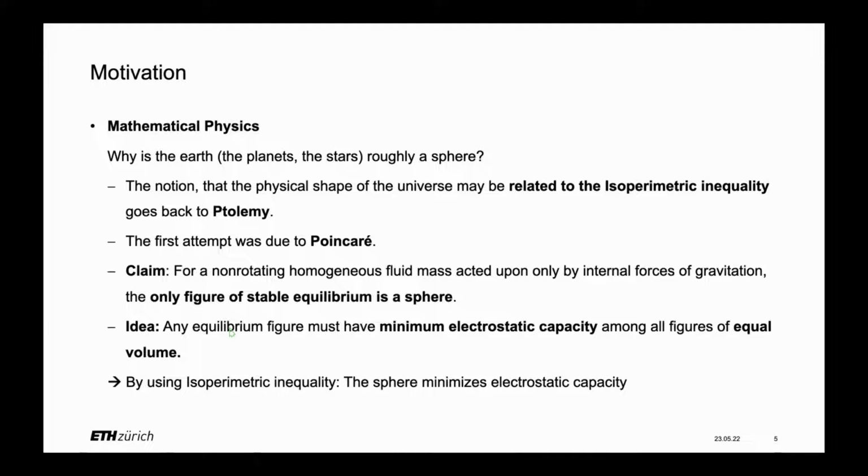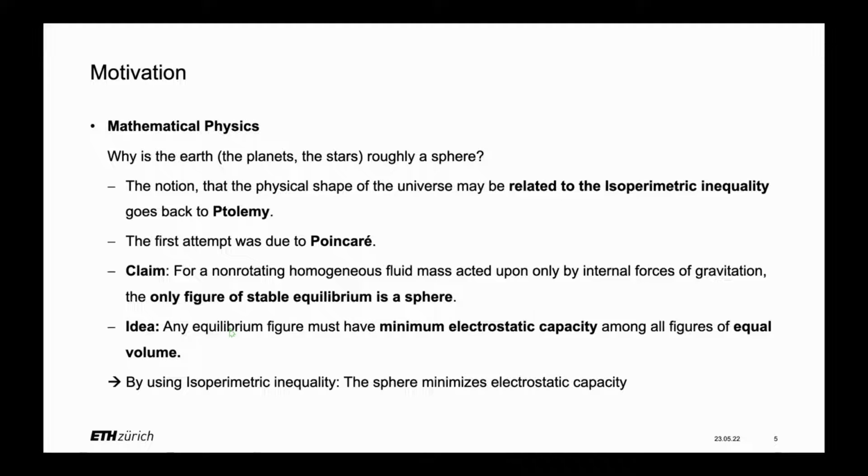In mathematical physics, a really fundamental question is, why are the Earth, the planets, or the stars roughly a sphere? The notion that the physical shape of the universe may be related to isoperimetric inequalities goes back to Ptolemy.